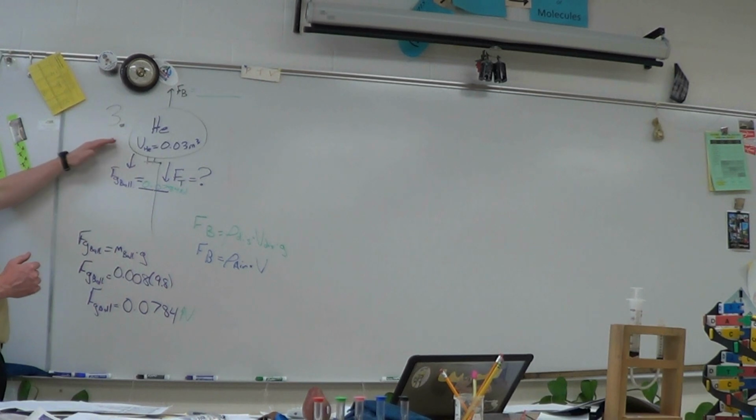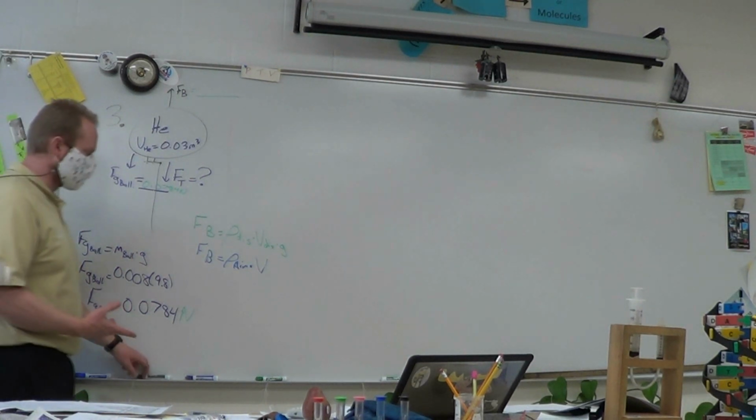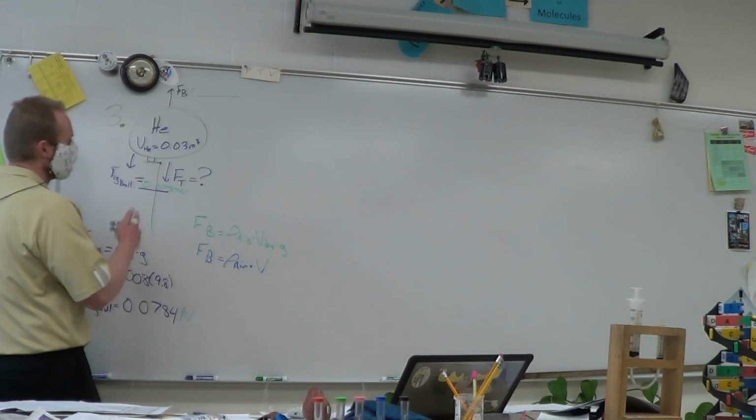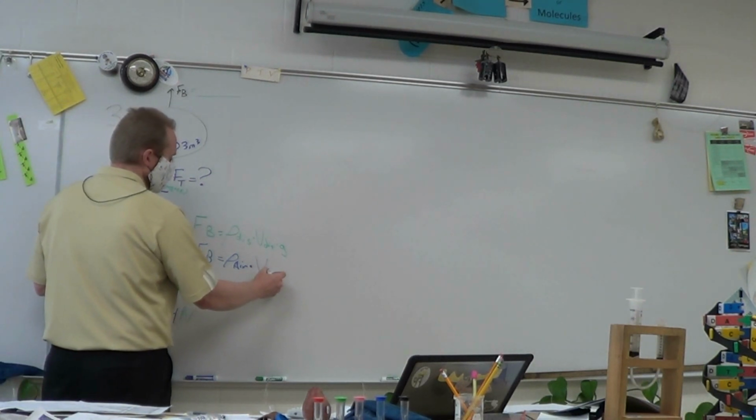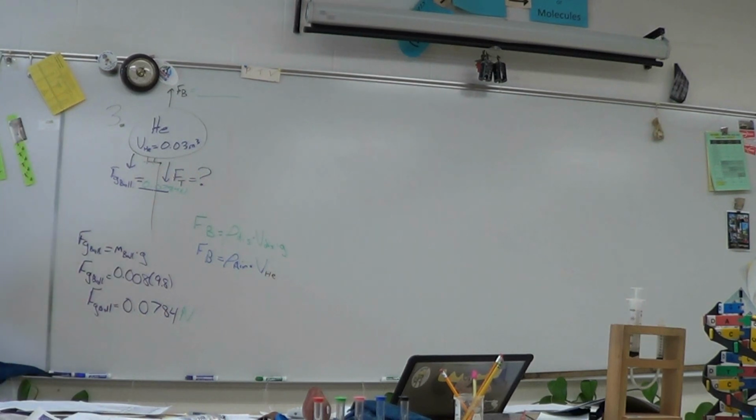The fluid we're talking about here is air, and if I have a helium balloon completely surrounded by air, how much air was displaced? Well, it's equal to the volume of the object. So in this case, the volume of air that was displaced is equal to the volume of the helium balloon itself.